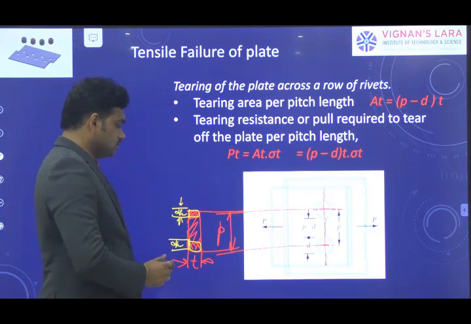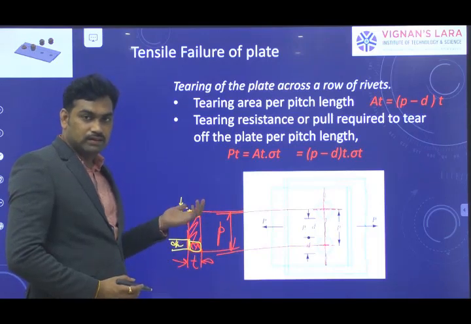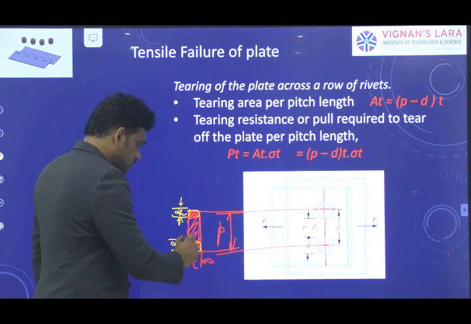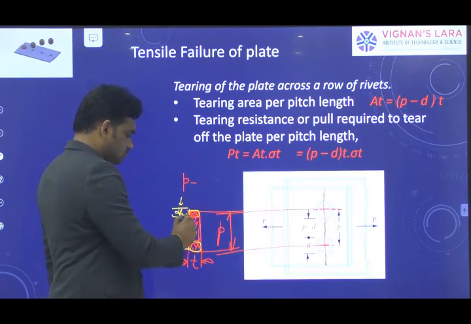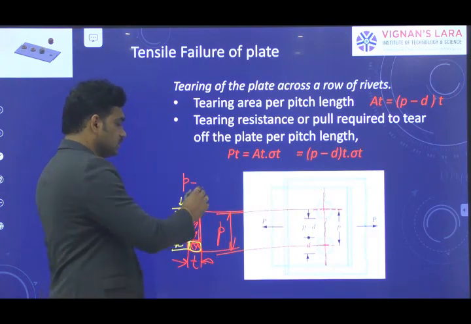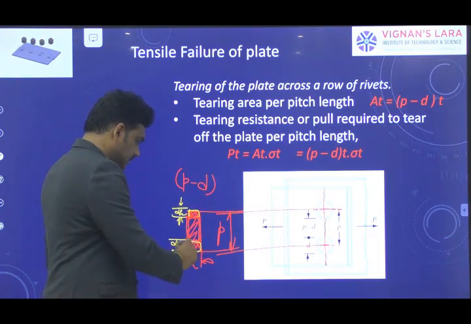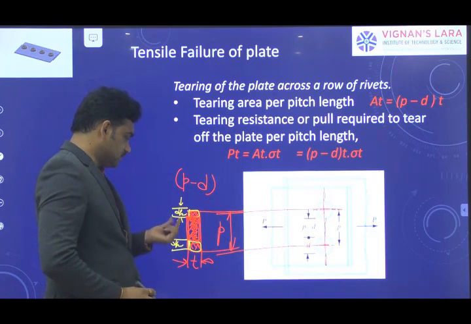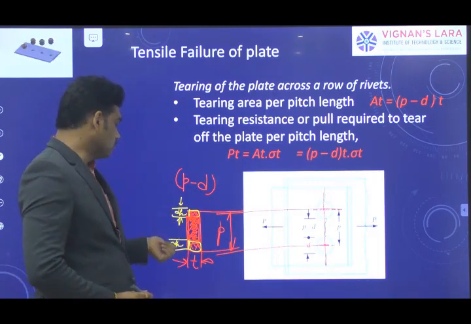Clear? So if you need to write the tearing area or the tensile resisting area, it can be written only for this portion. So this can be written as pitch minus, d by 2 plus d by 2 gives d. So this is the length of this particular area: pitch minus one hole diameter.